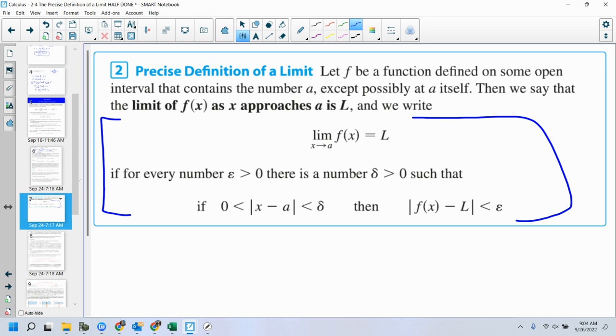For every number epsilon greater than 0, because epsilon is going to turn out to be a distance, then there is a number delta greater than 0, such that if the difference away from x to a, as x approaches 3, okay, x minus 3, is between 0 and delta, then the distance from f of x to L is going to be less than epsilon.